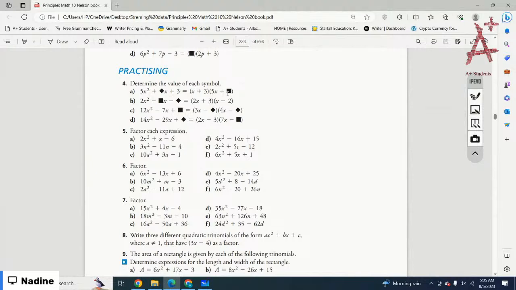Hold on, let me think. 5x squared plus the missing x plus 3 equals x plus 3 and 5x plus missing number. Okay, here you have 5, right?